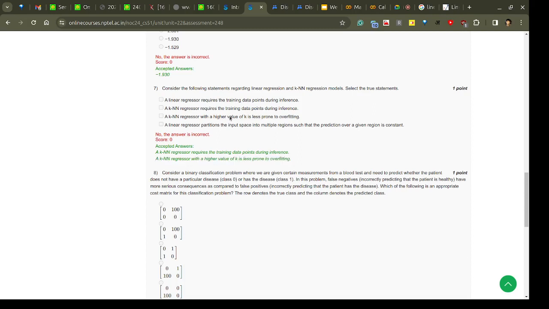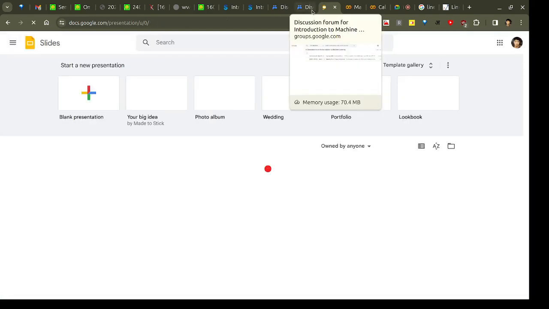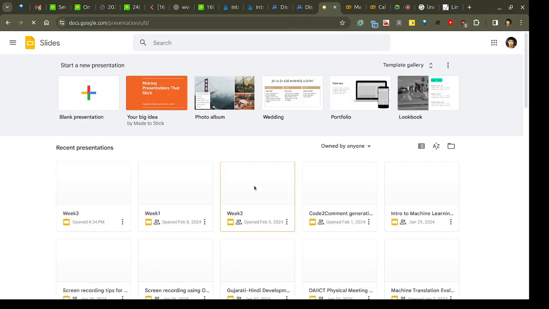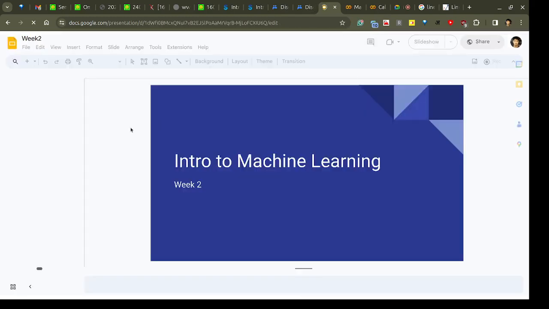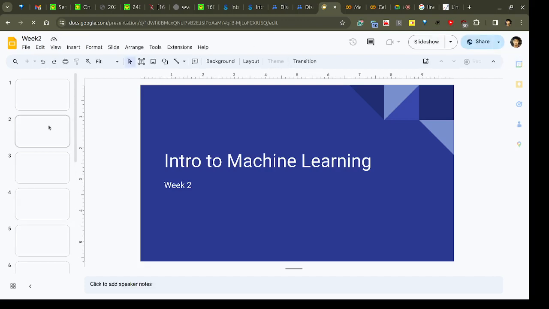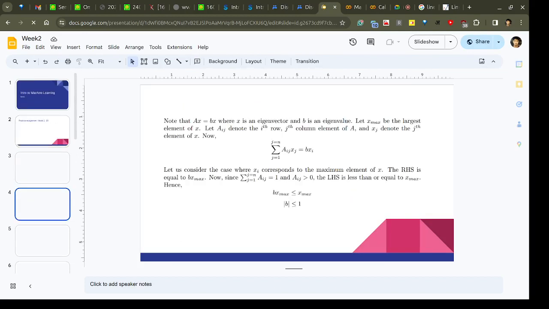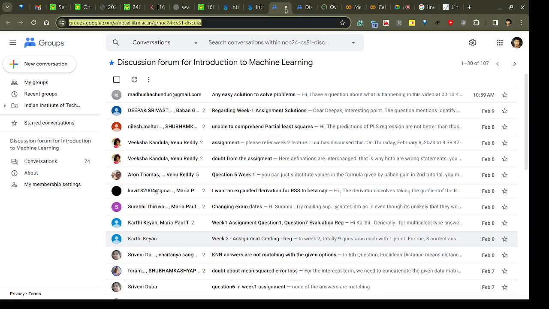Okay, so in linear regression, suppose you go to the previous week's slides, what happens is you train the model and obtain the beta values, beta 0, beta 1, beta 2, whatever.